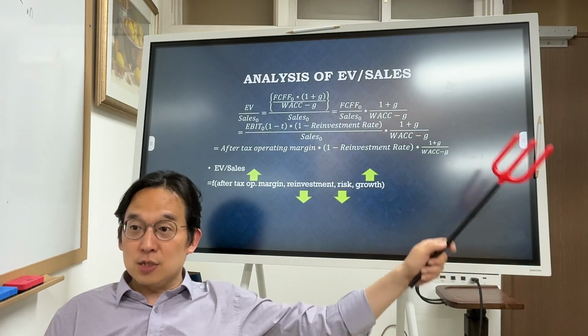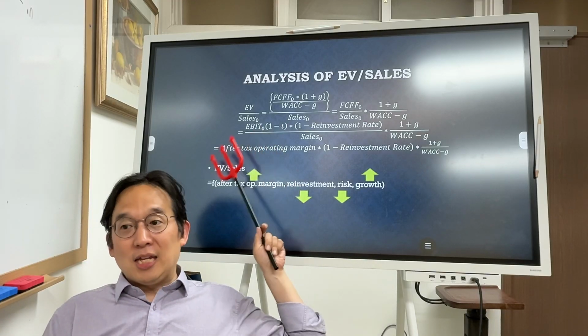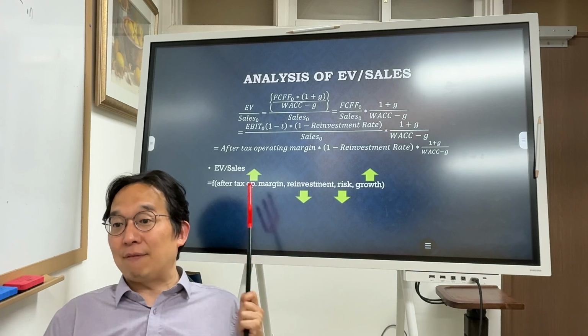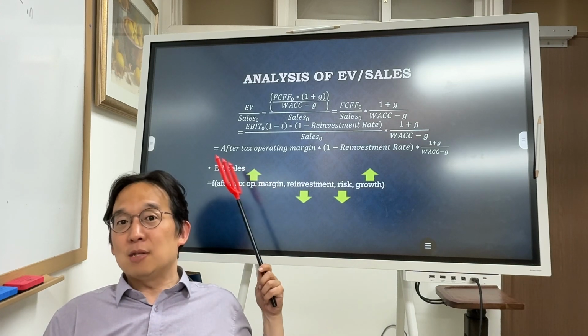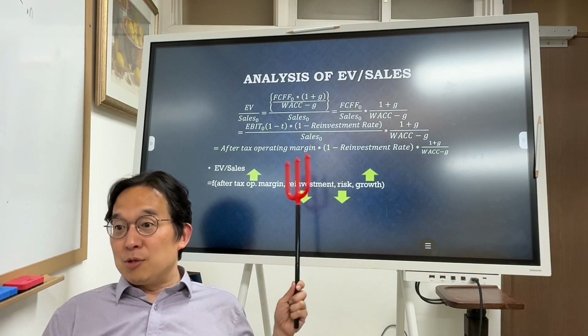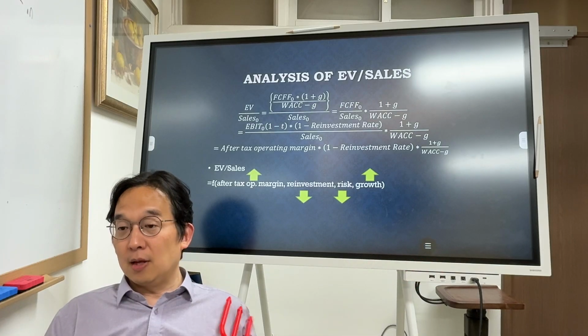The other factor sustains. And then we go one more step. Because EBIT times 1 minus tax rate divided by sales is none other than after-tax operating margin. This is about the profit margin, okay, the first item, times 1 minus reinvestment rate times the last factor, okay?